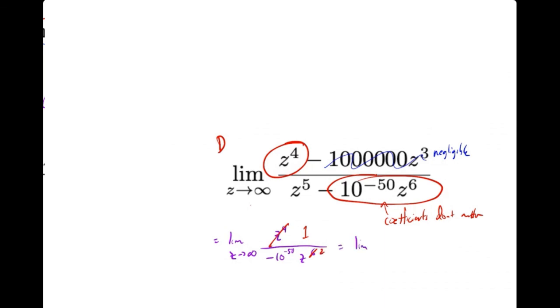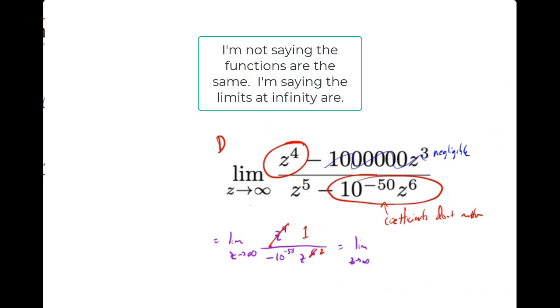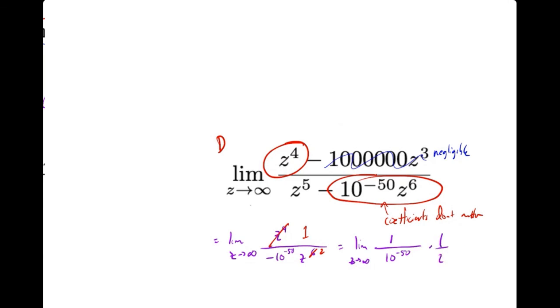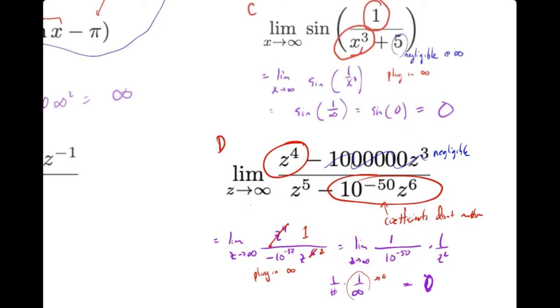So this limit is equal to the limit as z goes to infinity of 1 over minus 10 to the minus 50 times 1 over z squared. And now we plug in infinity, and we should get 1 over some number times 1 over infinity, and this part here is going to 0. So this is equal to 0. And if we plot the function, then we should be able to verify that graphically.